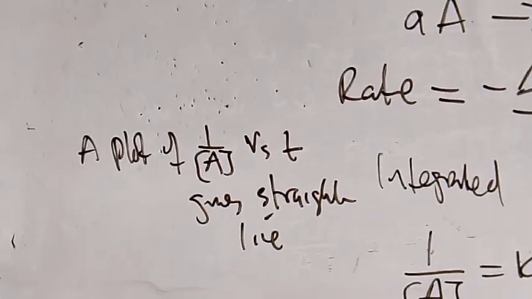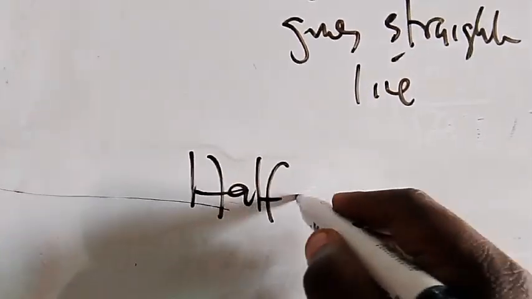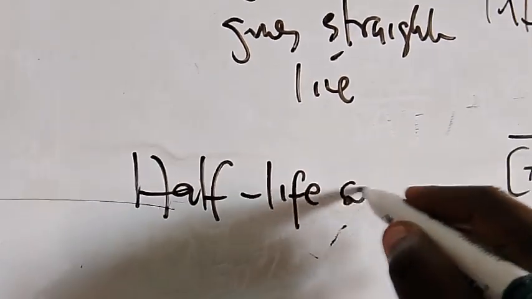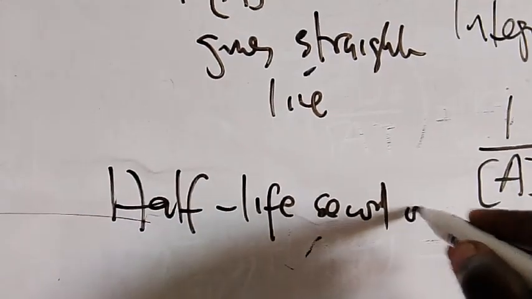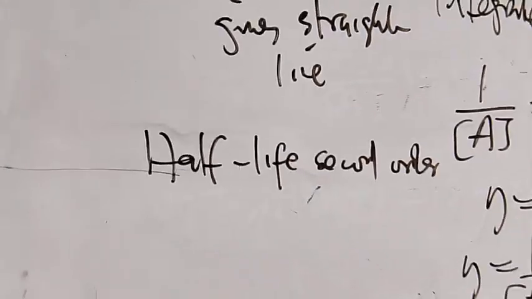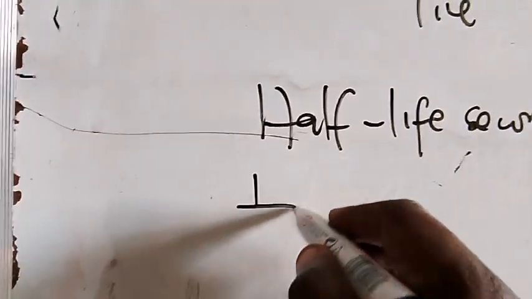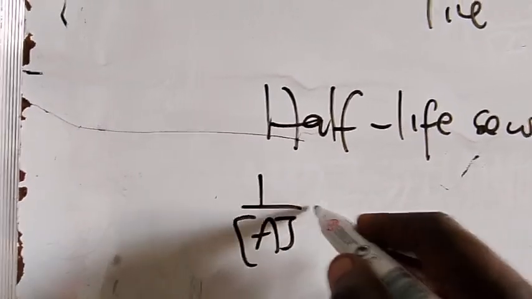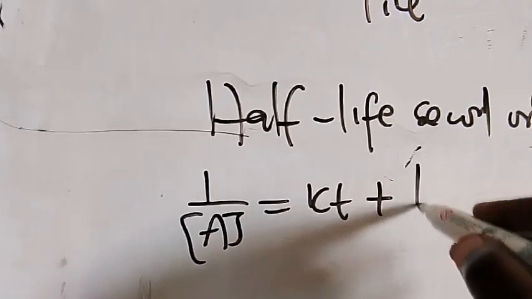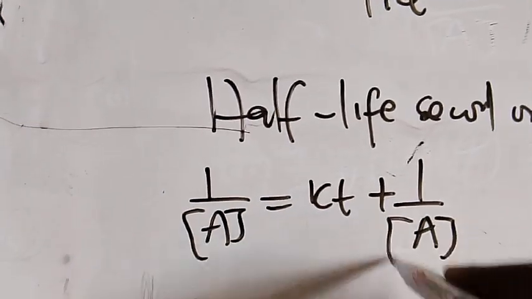Okay, then the half-life of a second order reaction. We do the same. We use 1 over A equals kt plus 1 over A initial.